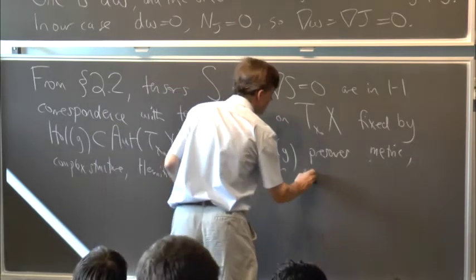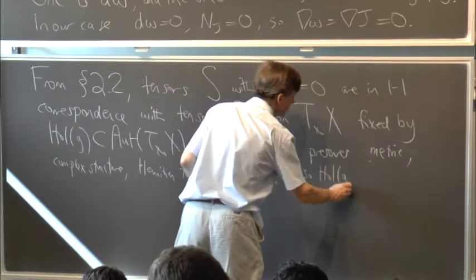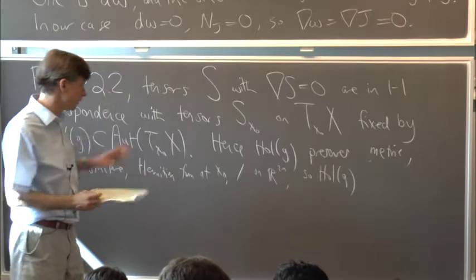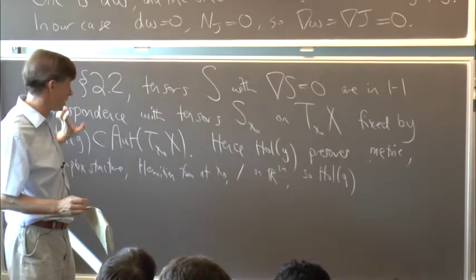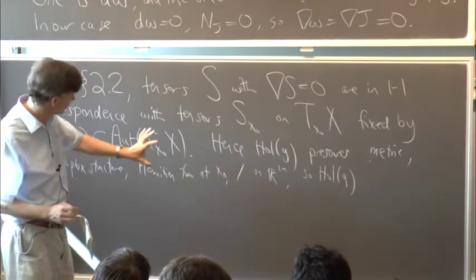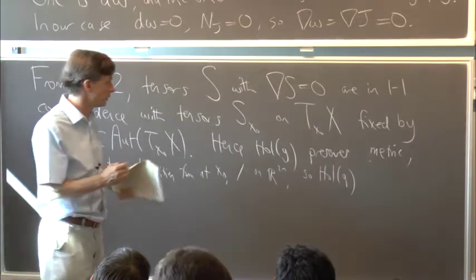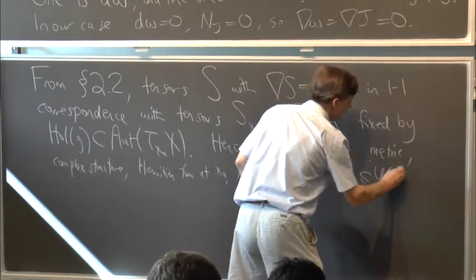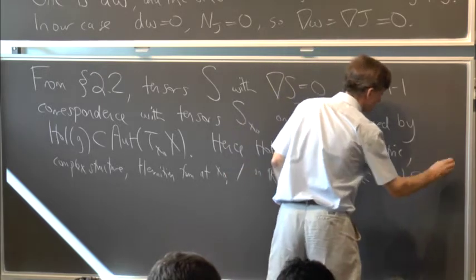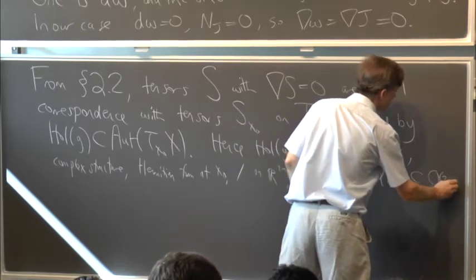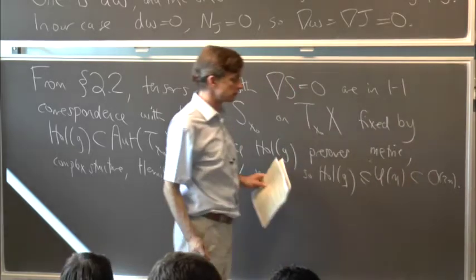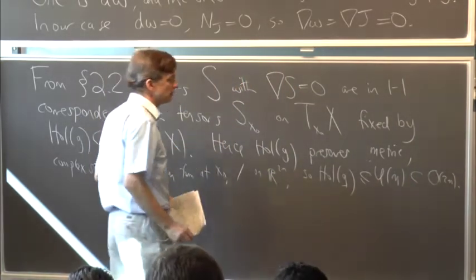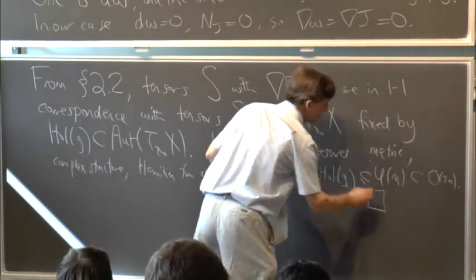And the group which preserves the standard metric, the standard complex structure, and therefore the standard Hermitian form on R^2m is U(m), the unitary group in O(2m). Okay, so that's all I'll say about that proof.